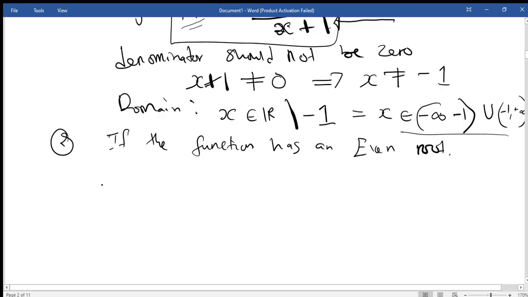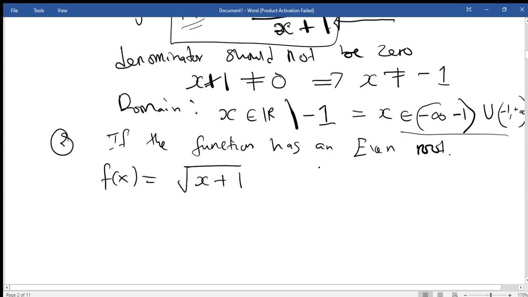For example, let me have f of x equals the root of x plus 1. This has an even root. Obviously, even means the index of the root is even. Maybe it's a square root, a fourth root, a sixth root, eighth root, etc.